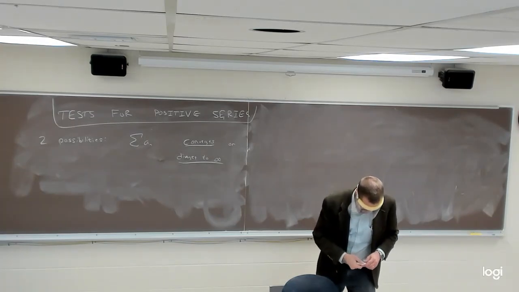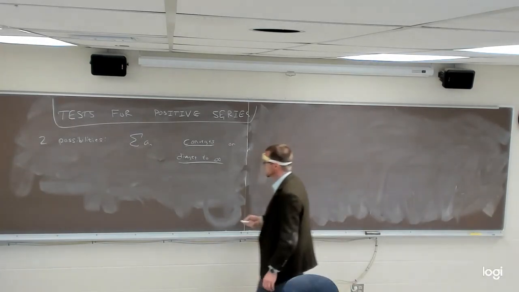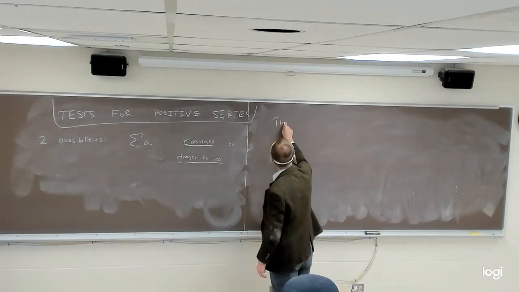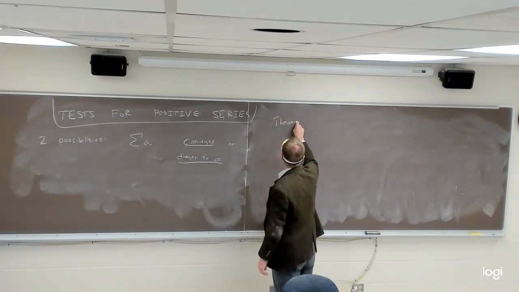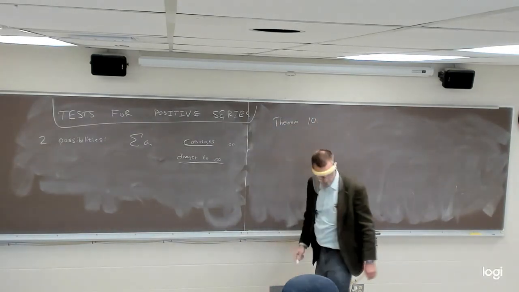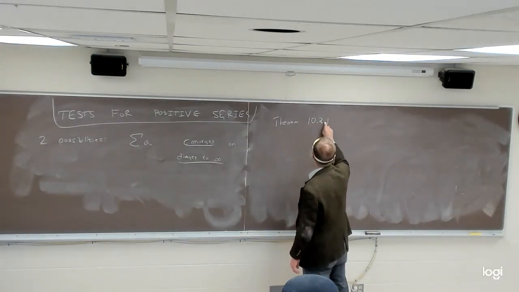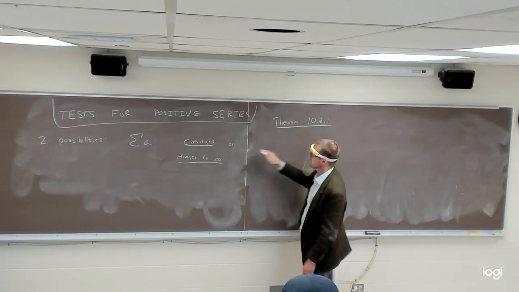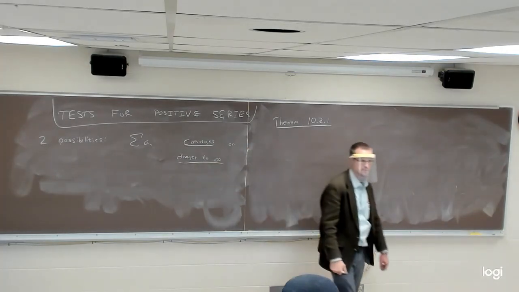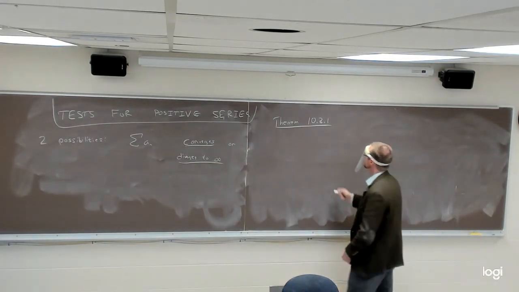First one is not really a test, but kind of a preliminary for the tests. So this one, I'll just call it Theorem 10.3.1. It's related to this observation here about only having 2 possibilities.